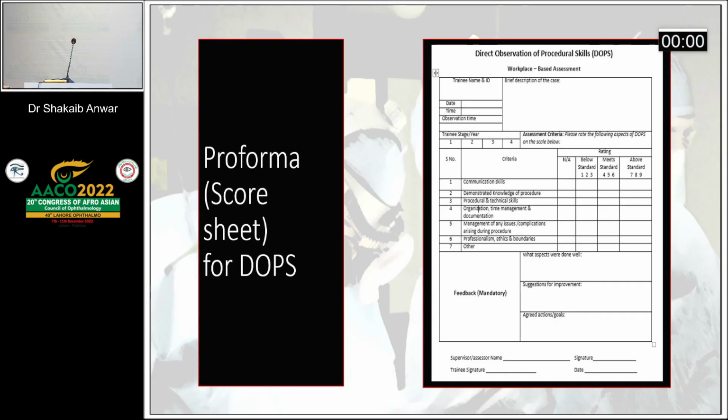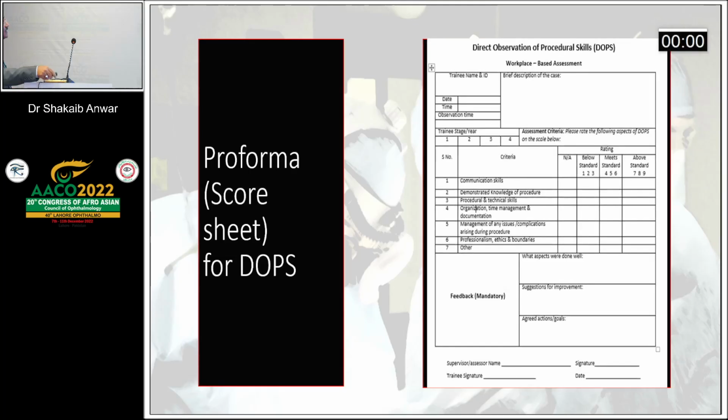So this is how we score, and the most important part is the feedback below. That is the most important thing, and it is signed by the supervisor and the trainee both, and it is kept safe by the trainee himself.